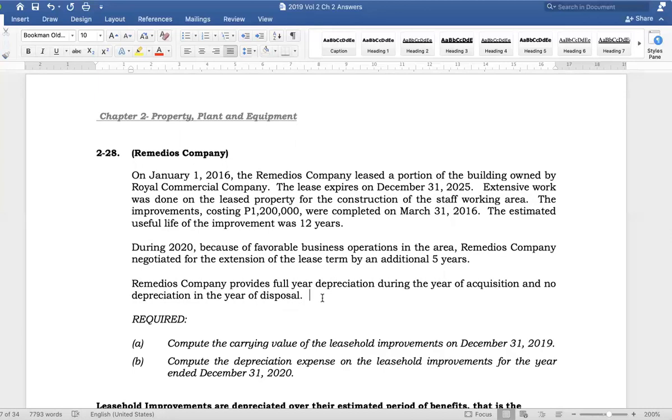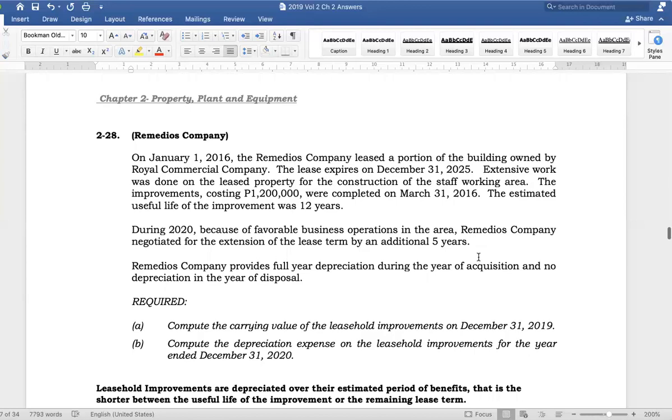That is 4 years from the beginning of 2016: 16, 17, 18, 19. And compute the depreciation expense on the leasehold improvements for the year ended December 31, 2020, because for the year ended 2020, there is an extension of the lease term for 5 years.